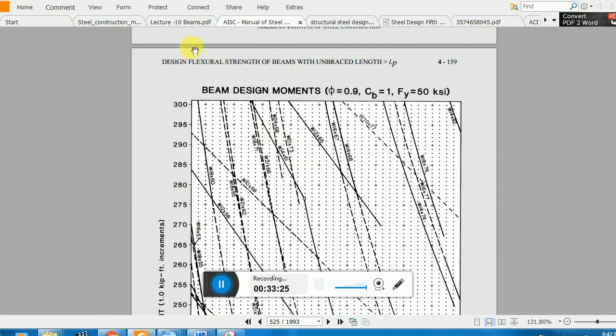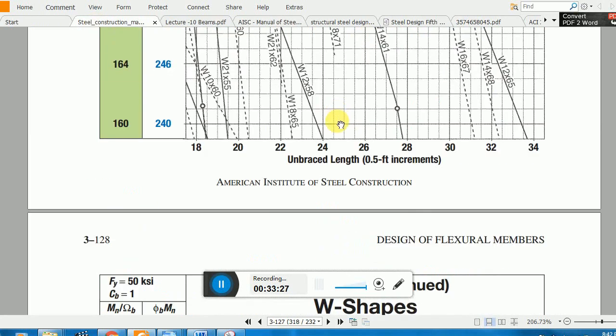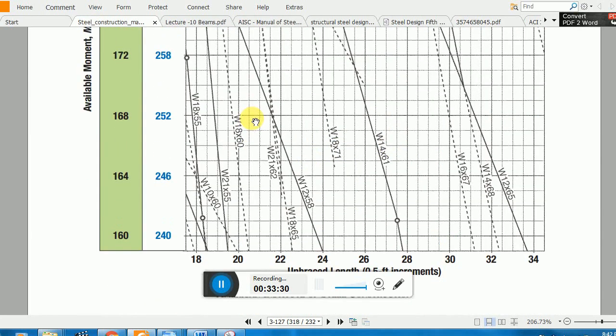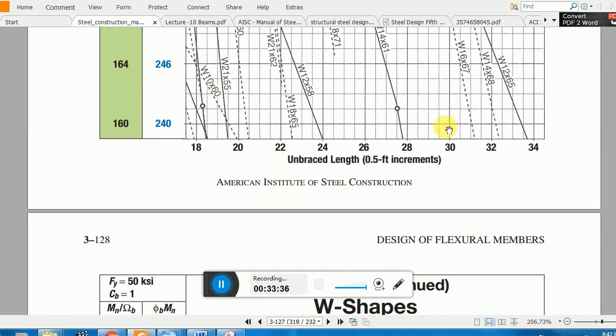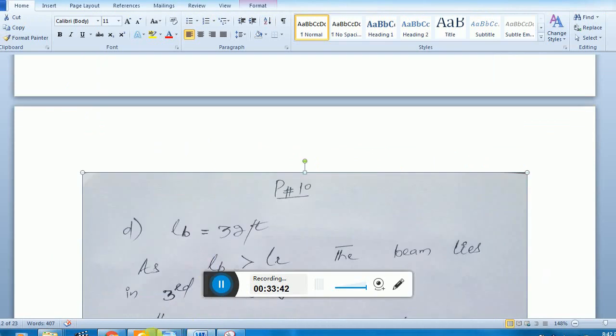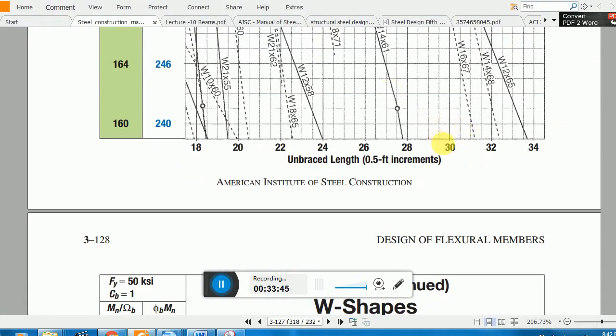Similarly, if someone is using the 14th edition of the AISC manual, here you see the same table, here you see your required section, and here you have 32 feet, which is the span. The hardest thing here is that the coincidence of these two lines is not possible within the page limit.